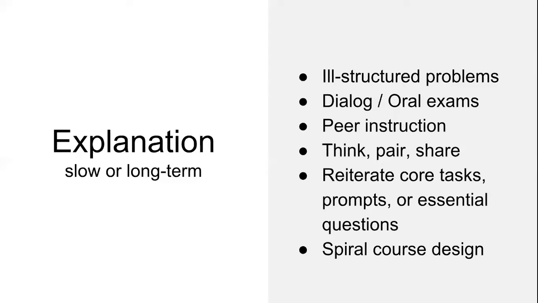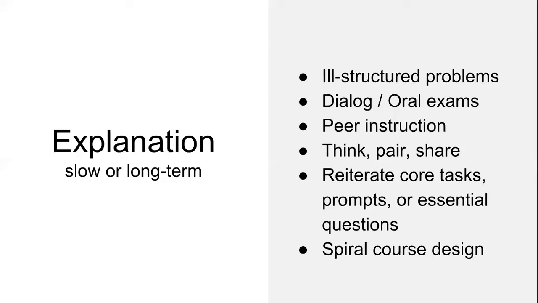Think, pair, share is another long-term method that you could use over the course of the semester and get students used to doing. Reiterate core task prompts for essential questions throughout the class. One of the things that we read in Small Teaching, for example, was that one of the ways to hook students in is to frame the class in terms of big essential questions about the discipline that the course addresses.